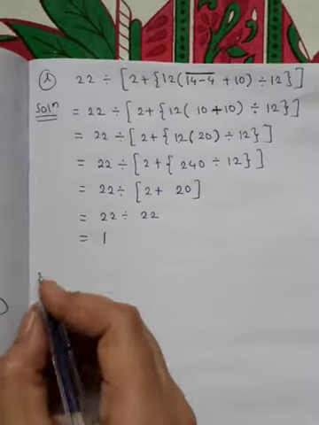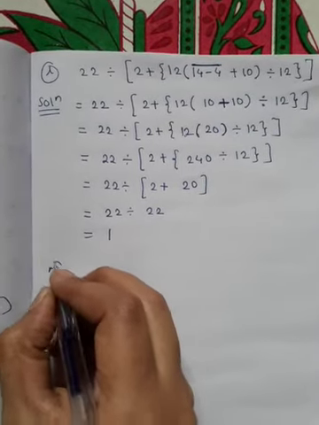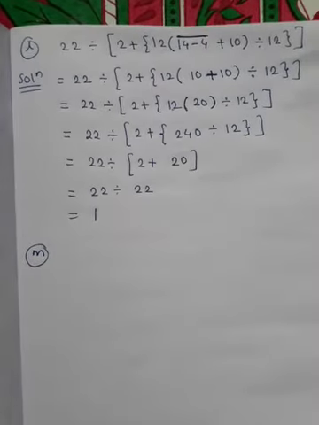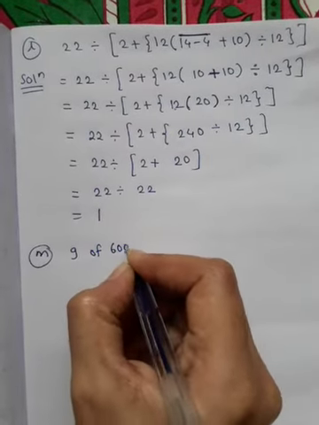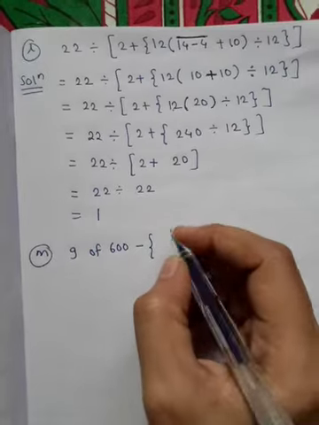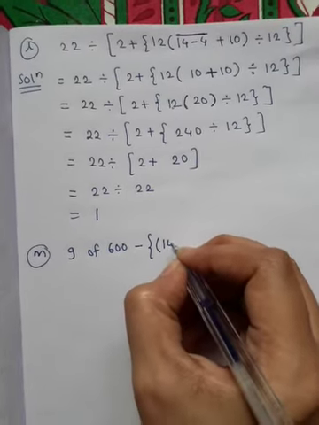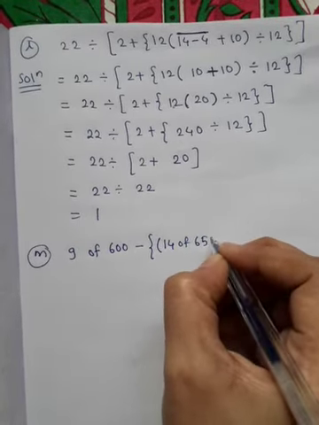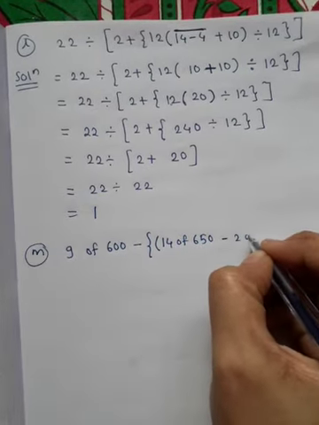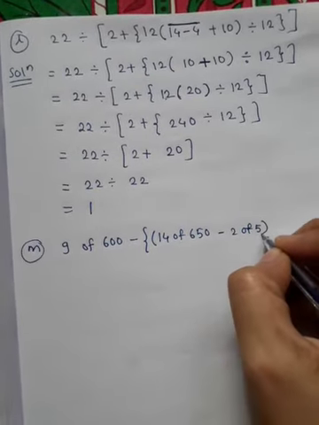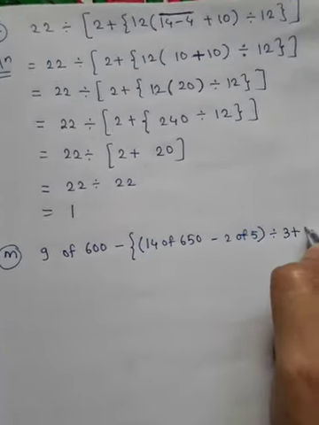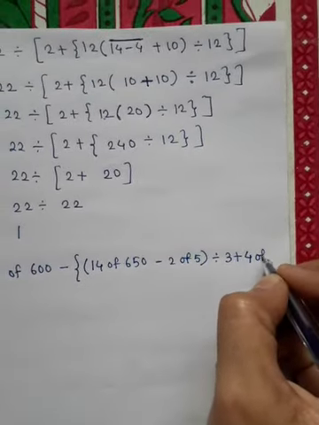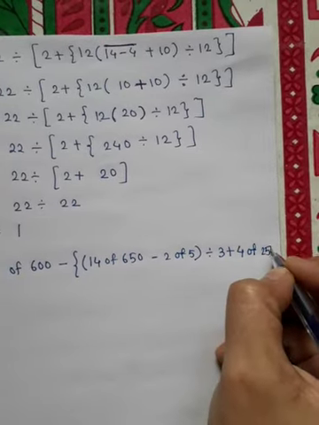Okay, now we will solve example number M. So see, there is 9 of 600 minus, in round bracket 14 of 650 minus 2 of 5, divided by 3 plus 4 of 250.